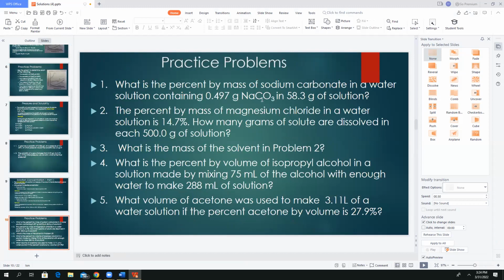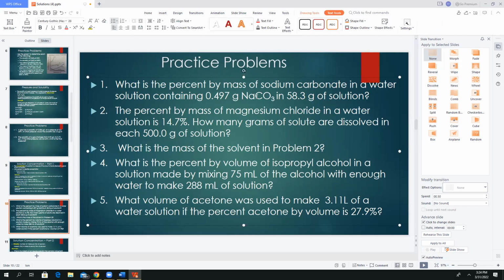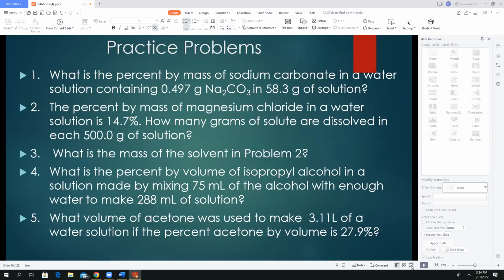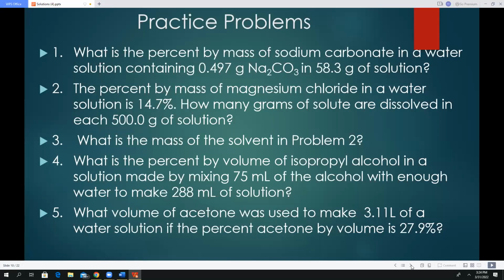So I'm going to fix it right now. There we go. All right, that should do it. Let's keep going. There you go. Sodium carbonate, not calcium. If it was calcium carbonate, then that would be CaCO3, but it's not.